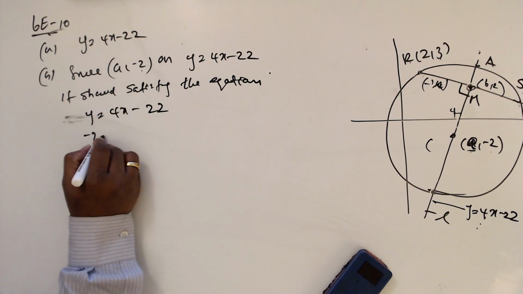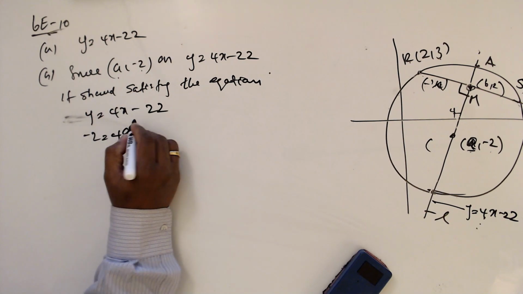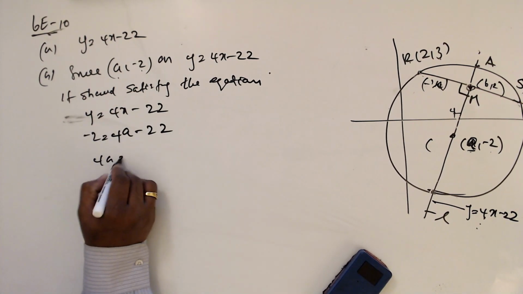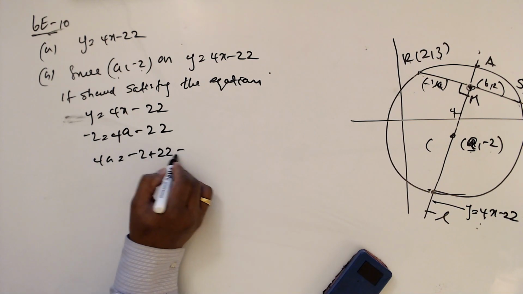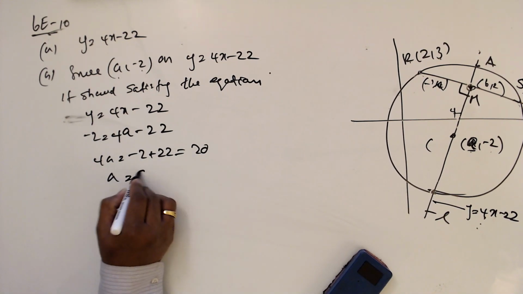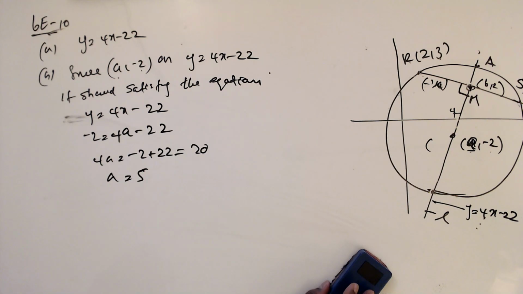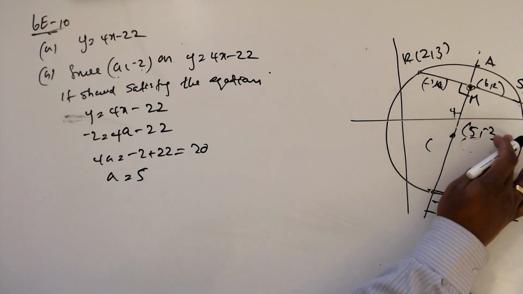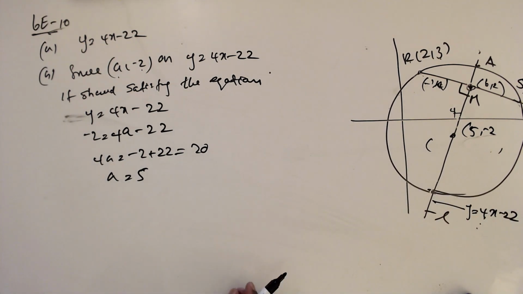The y value is minus 2 and x is A, so 4A equals minus 2 plus 22, which is 20. A equals 5. So this point is 5, minus 2. Now we know the value of A is 5.